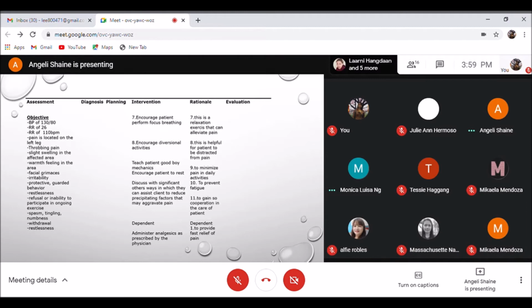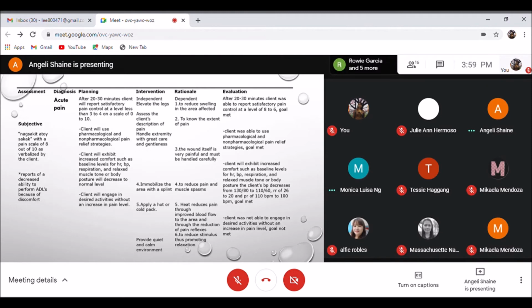Evaluation. After 20 to 30 minutes, client able to report satisfactory pain control at a level of 8 to 6. Goal met. Client was able to use pharmacological and non-pharmacological pain relief strategies. Goal met.